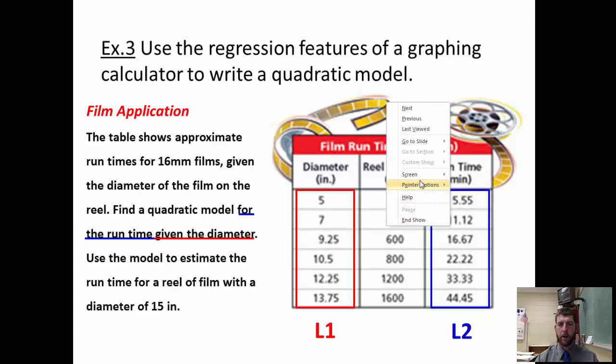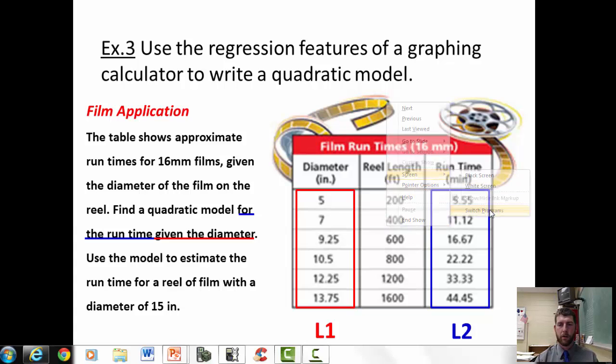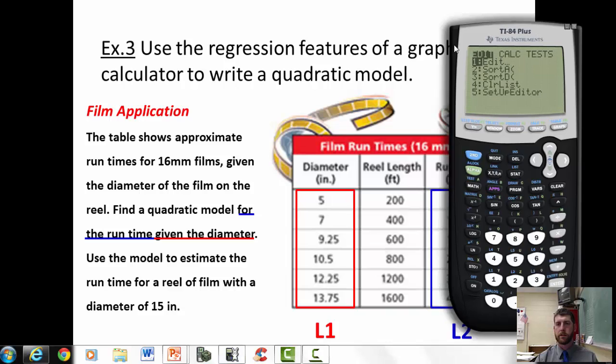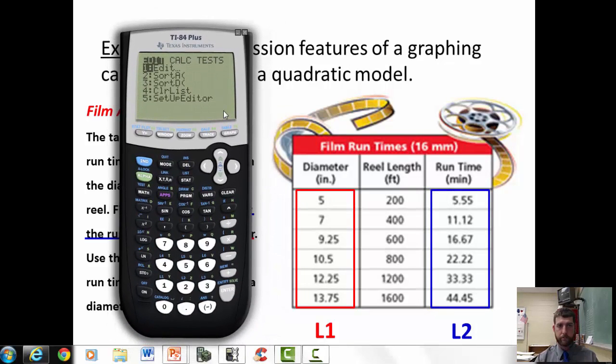So if we grab our calculator, we know what our steps were. Our steps were hit the Stat button on the calculator and then hit Edit. L1 is going to be our x's, our input values: 5, 7, 9.25, 10.5, 12.25, 13.75.